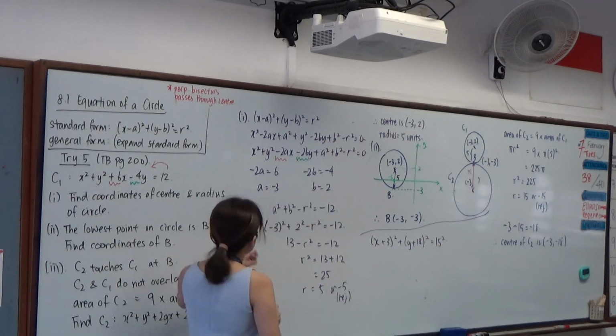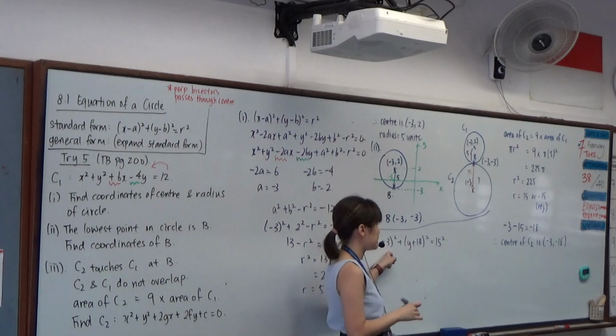So that's the standard form. Because our coordinates are negative, it ends up becoming a plus.